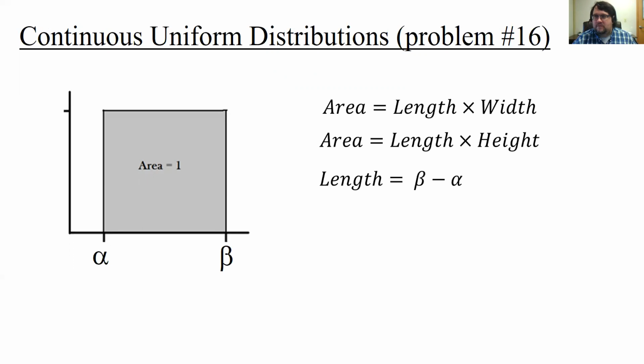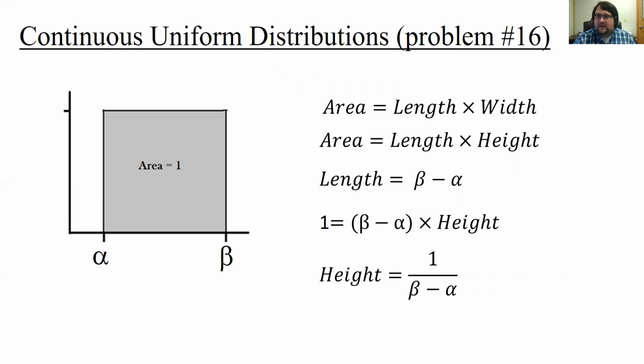That's how we're going to figure out how long the rectangle is. And then we're going to do a little bit of algebra. If I know how long it is, I know the area is 1, it has to be 1. Let me find a formula for the height. So if I do this b minus a for my length, I want to get the height by itself. I'm going to divide both sides by that b minus a, and I get this formula. The height is 1 over b minus a.